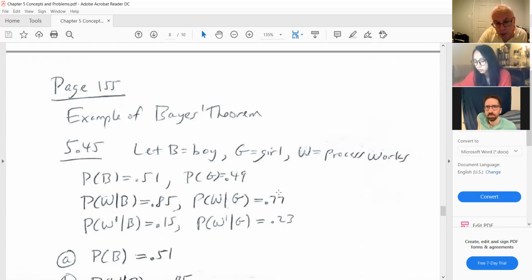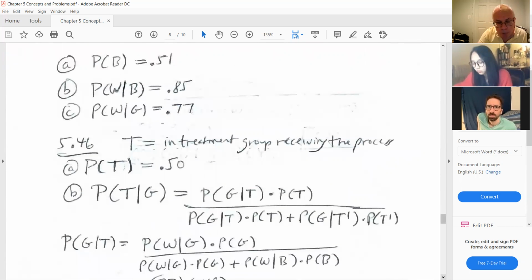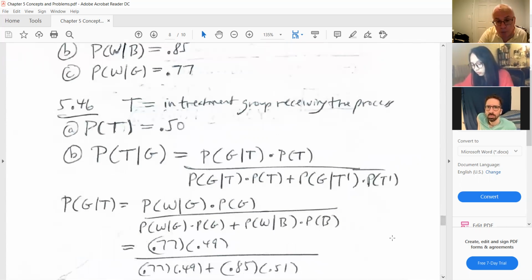But what you're saying, I think that 0.77 is this probability here. Now, the only reason I'm showing you this problem is to show you how difficult this can be if the wording of the problem is confusing. Bayes' theorem problems can be hard, and I struggle with this problem because of the wording. The wording is not really clear.